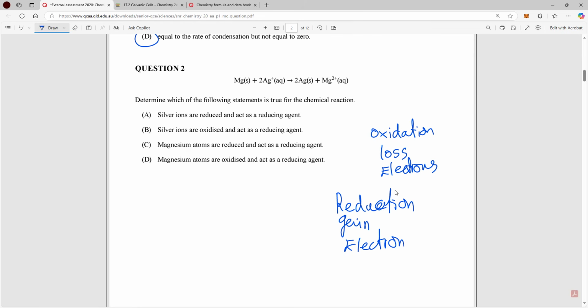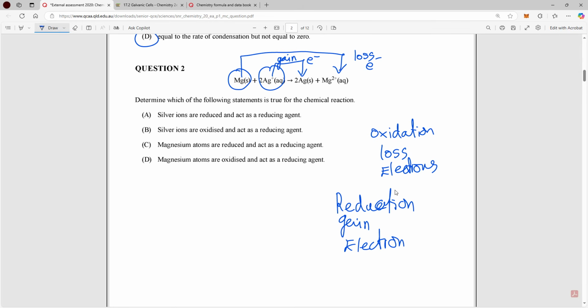Here we can see that the magnesium has gone from a neutral charge to a positive charge, and the silver's gone from a positive to a neutral charge. So the magnesium has lost electrons. The silver has gained electrons because it's gone from a positive to a neutral charge, meaning a negative charge was added.